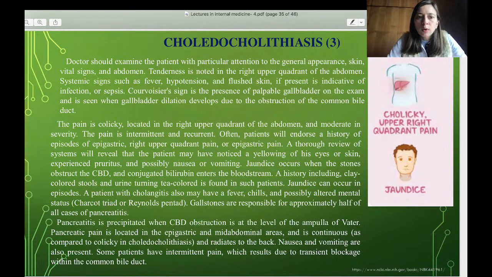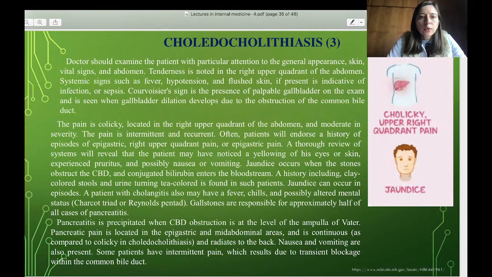The pain is colicky, located in the right upper quadrant of the abdomen, and moderate in severity. The pain is intermittent and recurrent. Often patients will endorse a history of episodes of right upper quadrant or epigastric pain.